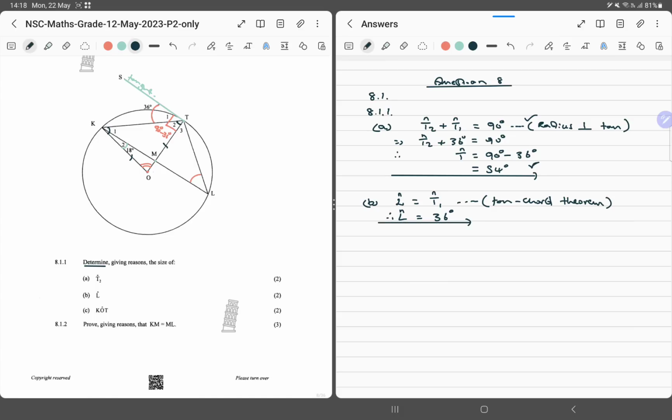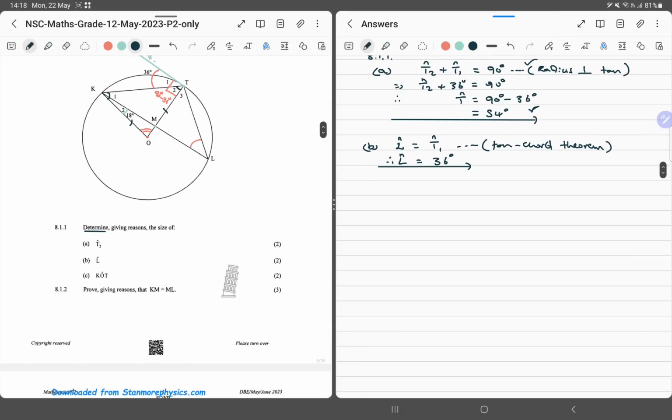Nice and easy. Now let's look at KOT. What is the story about KOT? Angle KOT is going to be equal to 2 times angle L. We know that the angle at the center is equal to 2 times the angle at the circumference.